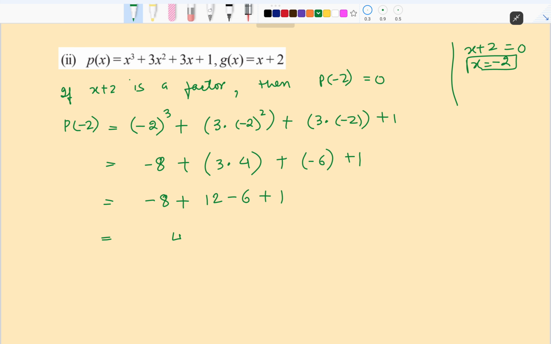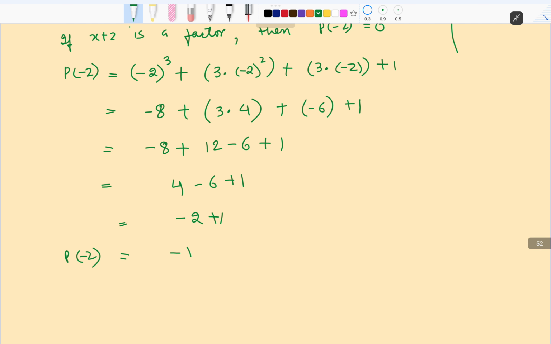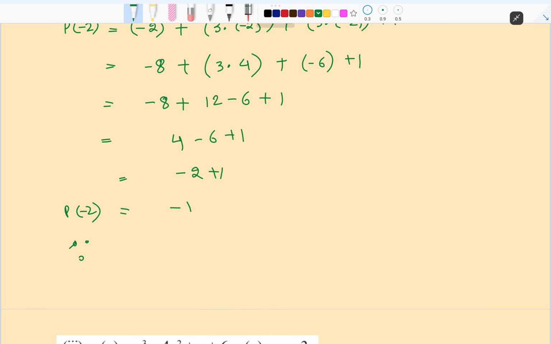Minus 8 plus 12 is 4, minus 6 plus 1, right? 4 minus 6 is minus 2 plus 1, which is equal to minus 1, right? Since p of minus 2 is not equal to 0, therefore x plus 2 is not a factor.